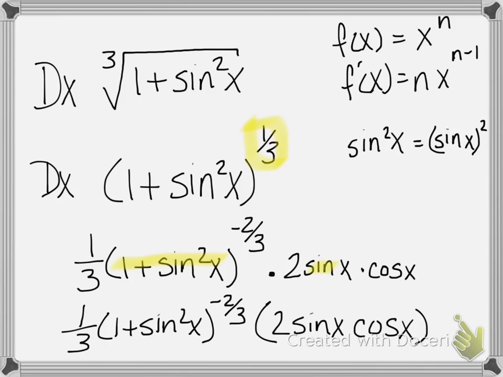So you bring down the 1/3 and you just keep what's inside, which is your g of x. So this one right here is technically the derivative of your f, and then times the derivative of what's inside, which is your g. So that would be 2 sine x cosine x.